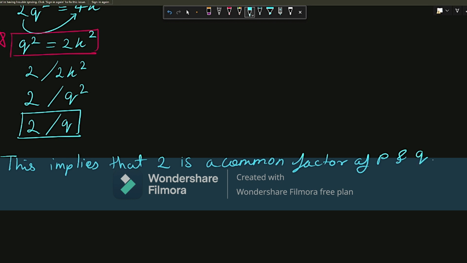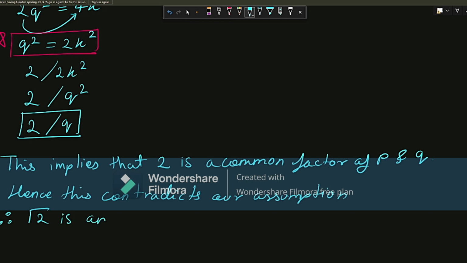Hence this contradicts our assumption. Therefore root 2 is an irrational number.